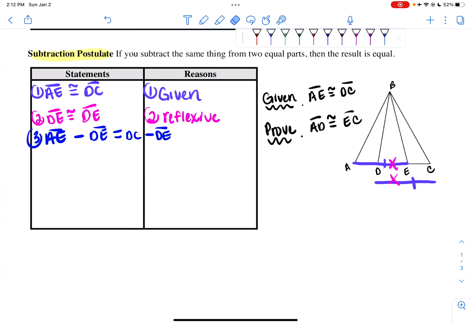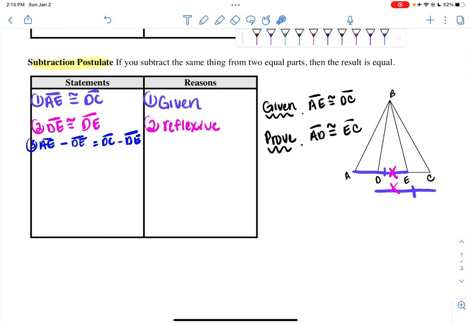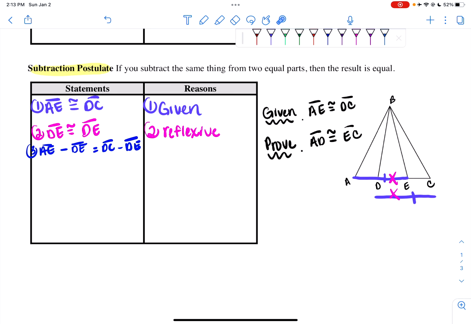One thing that's important to know is that the reflexive piece will be on both sides of your equation, or your setup. So now I can make my therefore statement. Therefore, I can say AD and EC are congruent. And my reasoning would be subtraction.